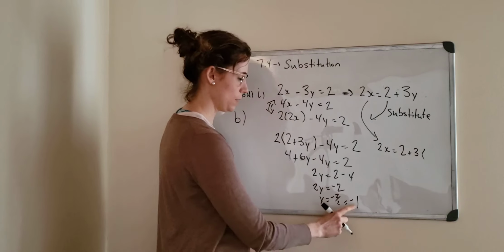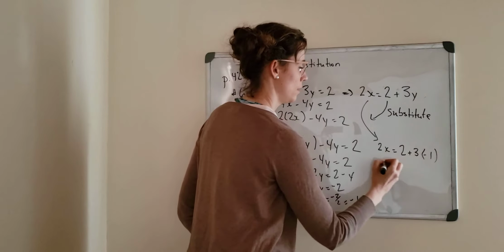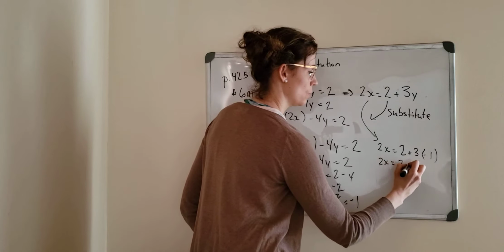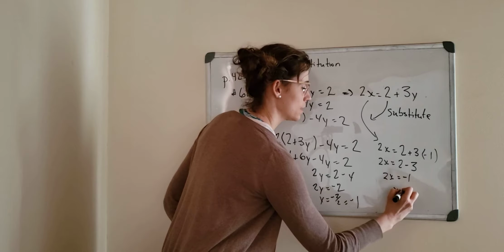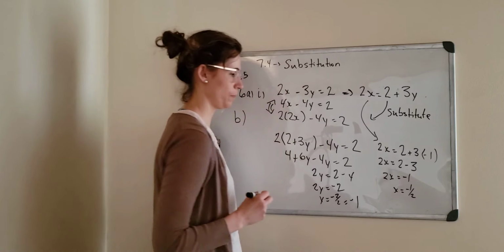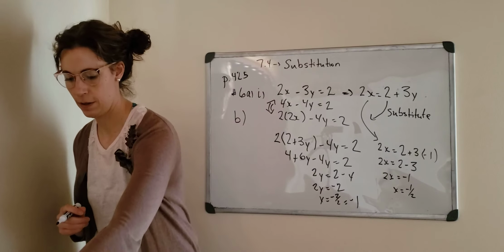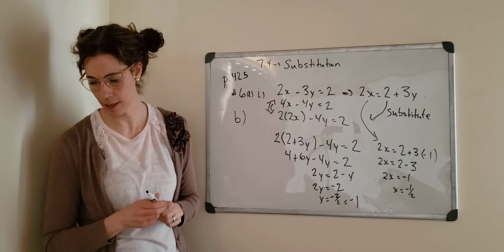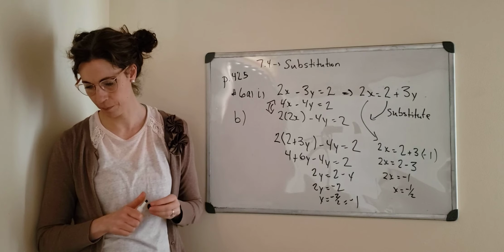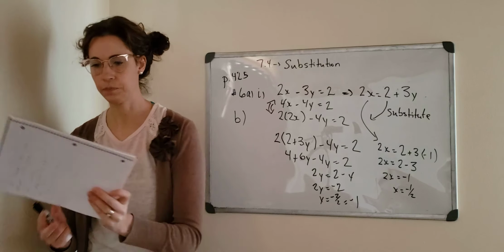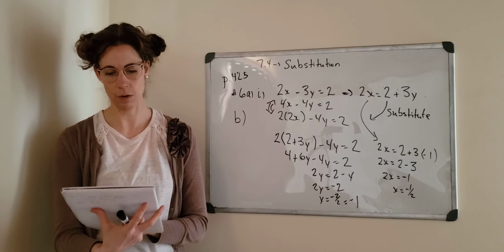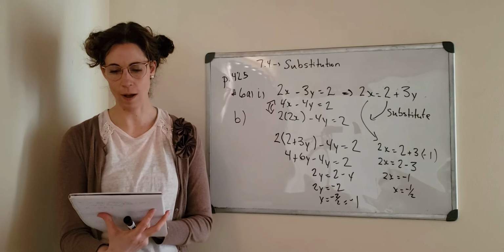What do we say y was? -1. 2x is 2 minus 3. 2x equals -1. X is going to be -1 over 2. All right. Very good. So that was 6, A and B. And I did the I one. So you know I'll be assigning you one to do as well.